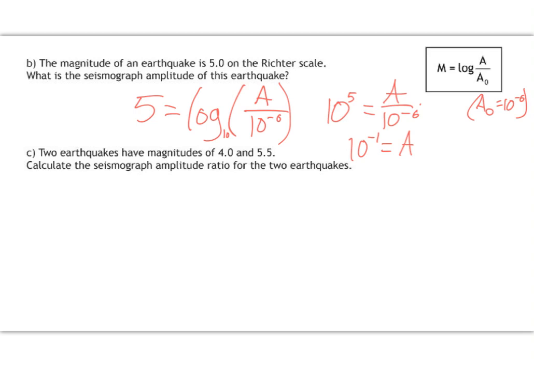I'm actually going to bounce back. This earthquake would cause this to move 0.1 meters, so 1/10 of a meter, which is somewhere on the order of a little bit more than 3 or 4 inches.